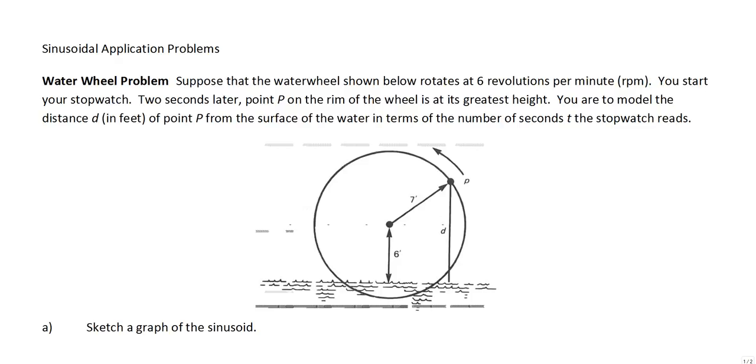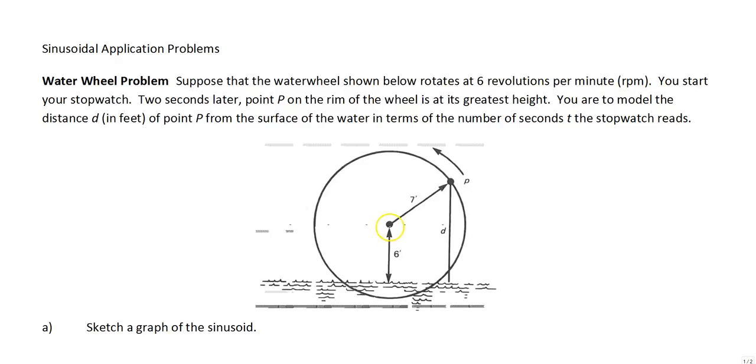When you are working with these kinds of problems, we need to do a few things. We need to talk about the start and stop, and we also need to talk about our crest and trough. It's probably easiest to start with the fact that this wheel has a 7-foot radius, which means from top to bottom it is 14 feet.